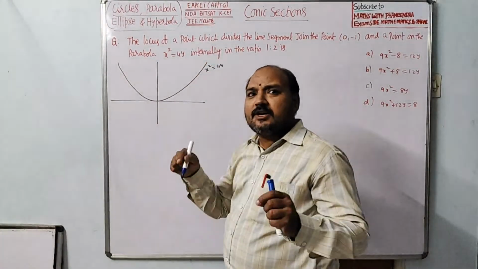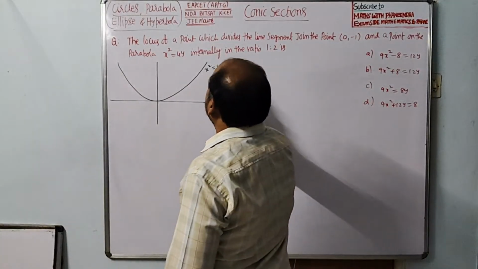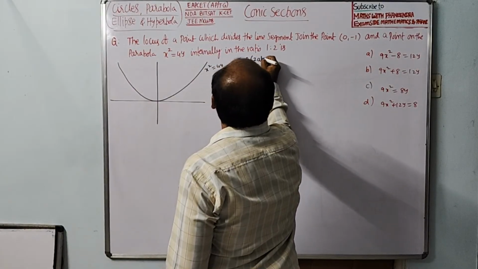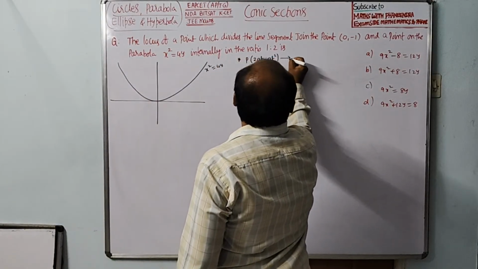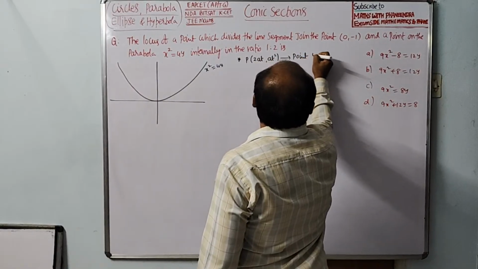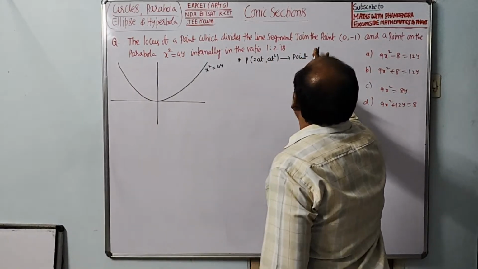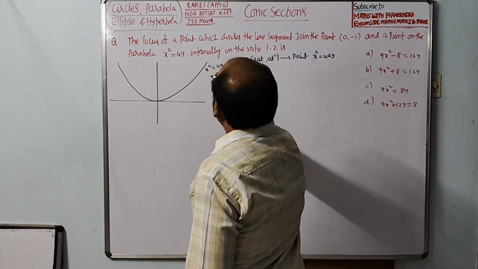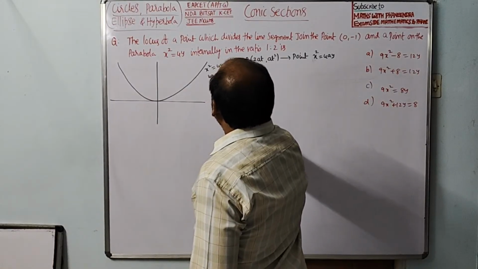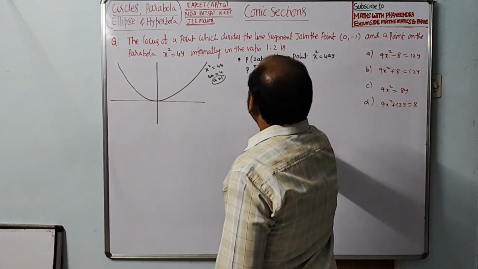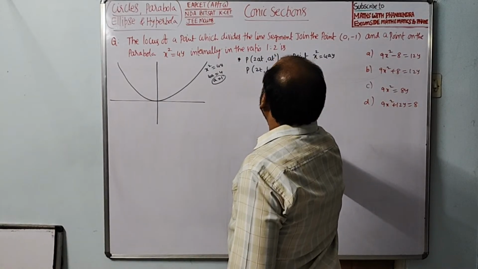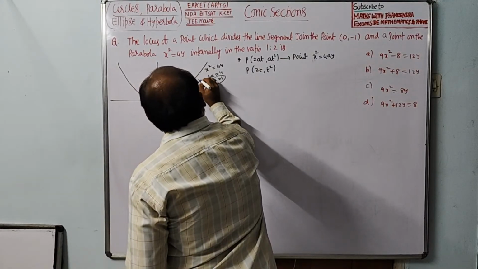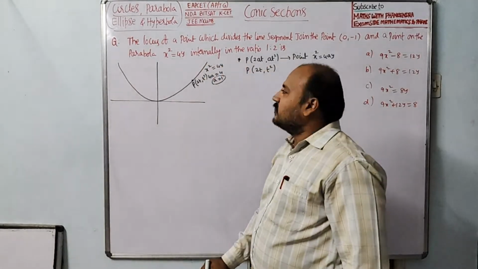We know the general parametric point on x square equal to 4ay is of the form (2at, at square). So according to this, 4a is equal to 4, a is equal to 1 now. So the point comes as (2t, t square). So I am taking here the point (2t, t square) on this.